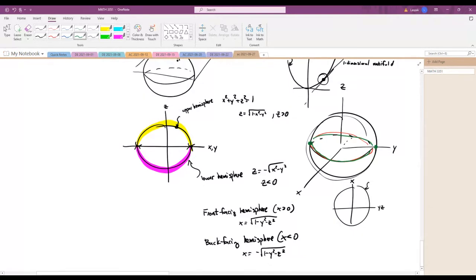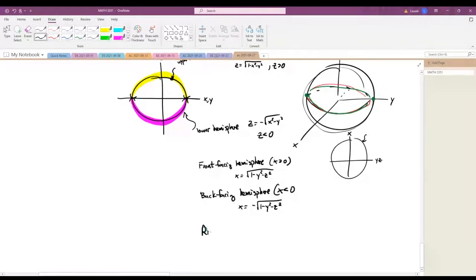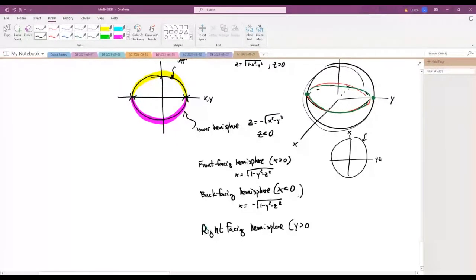So let's call that the left or the right. Say the right-facing hemisphere. That's where y is positive. That's easy enough, right? Y is positive, so you can just solve for y in terms of x and z. Okay.